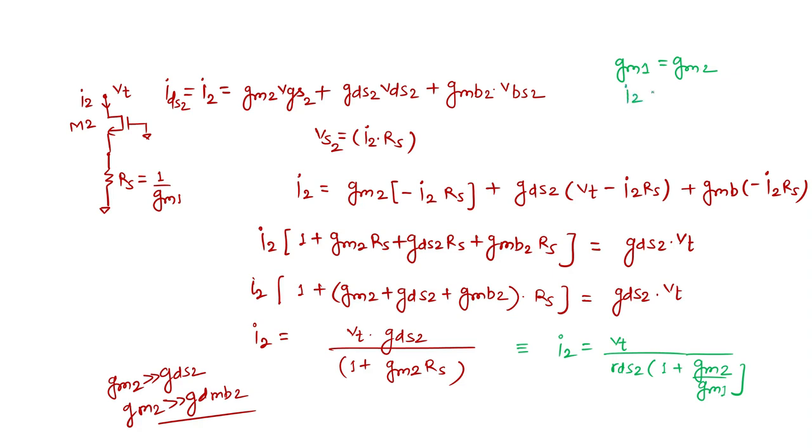So what is I2 actually? I2 is VT by RDS2 into 2, so 1 plus 1 is 2. So overall I have I2 as VT by 2 RDS2. And what is the I4? VT by RDS4. So what is exactly the R out now?